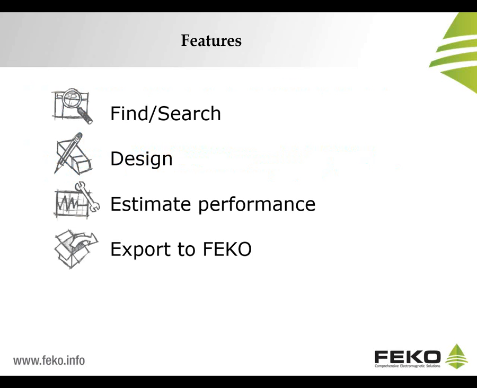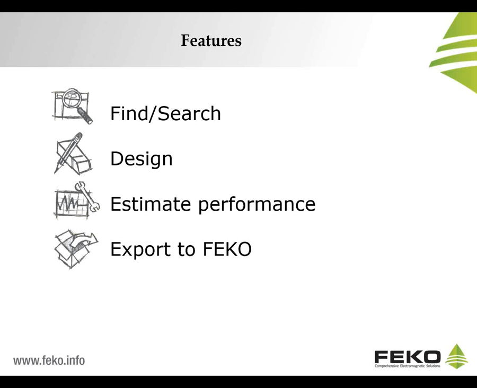So the features of Antenna Magus: quite simply, you can find or search for a particular antenna that would solve your problem or succeed in delivering on your requirements. You can design that antenna to your specification. Now, this is really one of the distinguishing points of Antenna Magus. It's not a library of pre-designed antennas that you have to use. You actually design any particular antenna to your specifications.